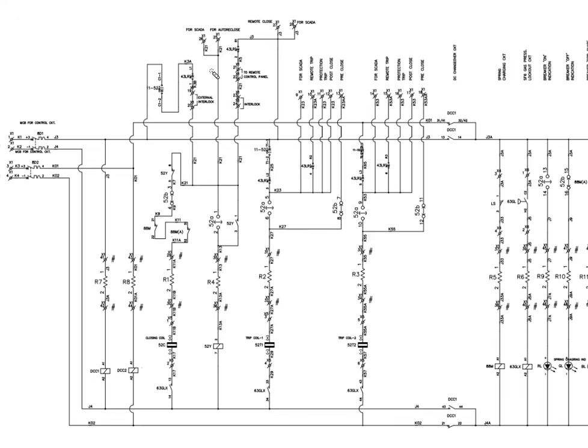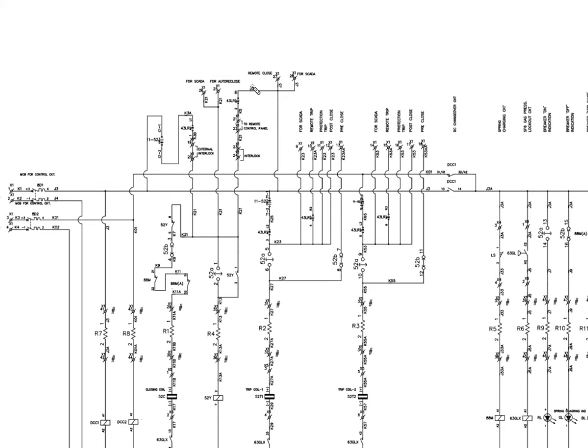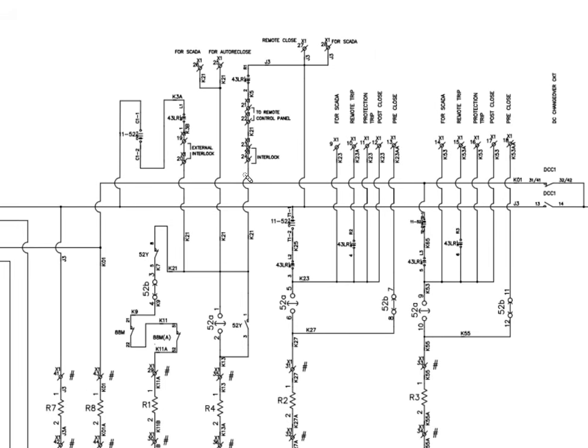Now you can see remote close for SCADA local remote. If you can see here closely, this is the closing circuit, basically K21. This is the closing circuit, like this it goes. This is the closing coil. Okay, now I will zoom it a bit more.